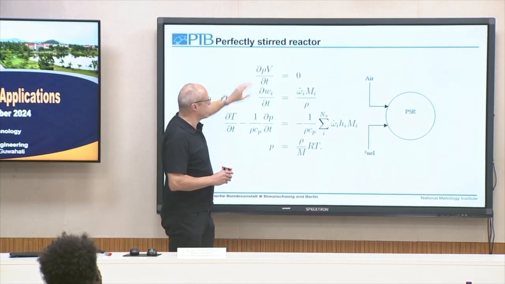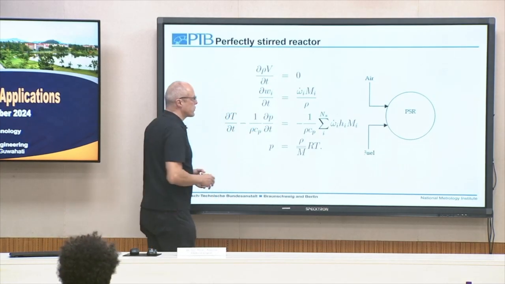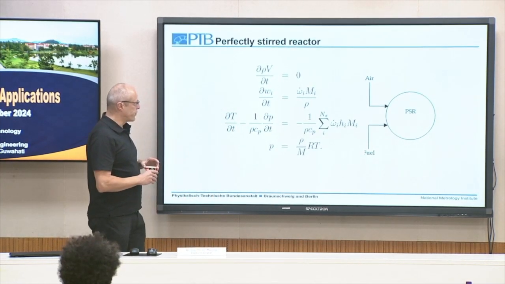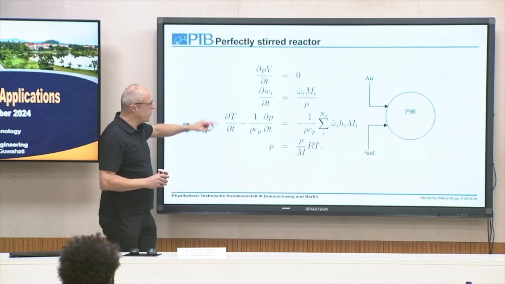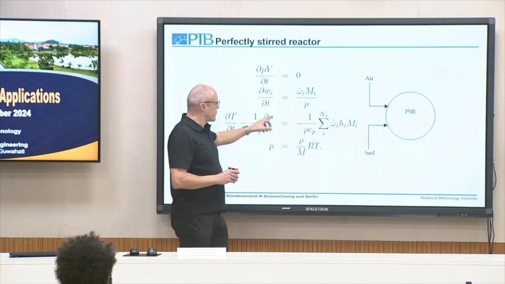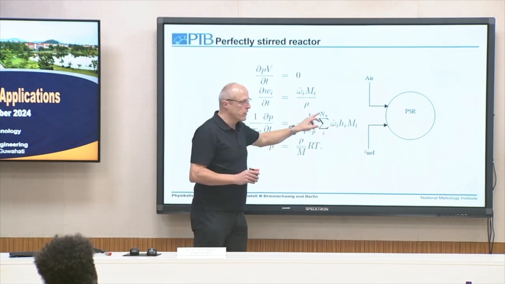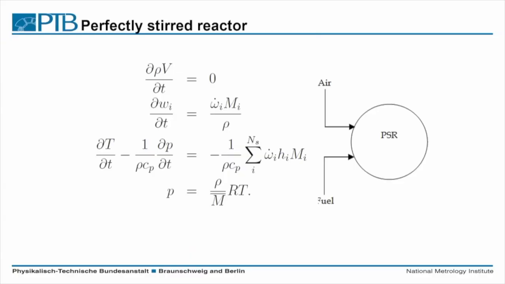So this change here is zero. The change of our concentration depends on the reaction rate we have, and then we have the change of temperature. So we have a change of pressure here, we have a constant volume system, and we have a change of temperature due to this energy release from the chemical reactions.